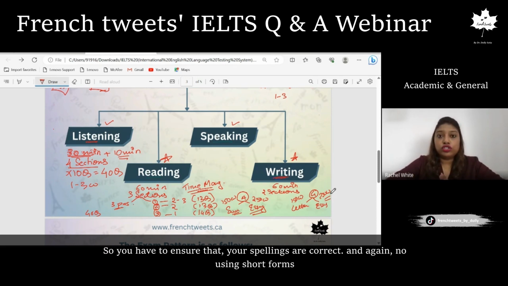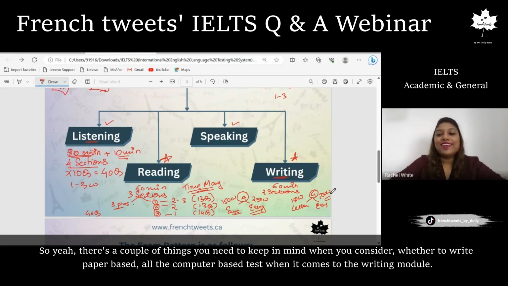Right, so you have to ensure that your spellings are correct, and again, no using short forms, right? Like instead of writing U, don't end up writing you, okay? So yeah, there's a couple of things you need to keep in mind when you consider whether to write the paper-based or the computer-based test when it comes to the writing module.